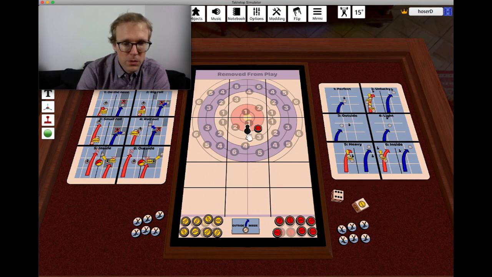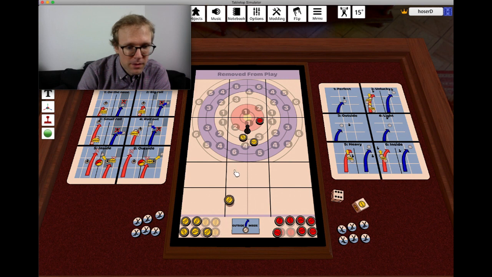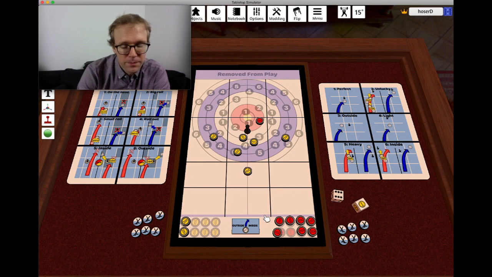So a 1 or a 2 will land you in this region, but a 5 is a tap if there's another stone in your target region. And so if there's a stone in the target region, you actually have a better chance of ending up, a 50% chance of ending up where you want to be.